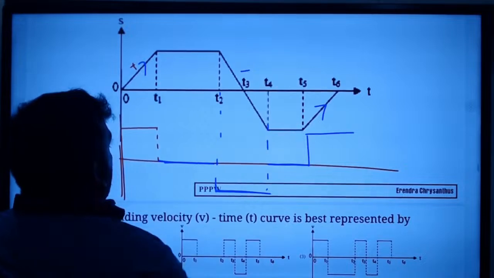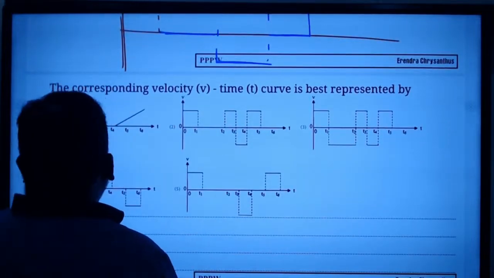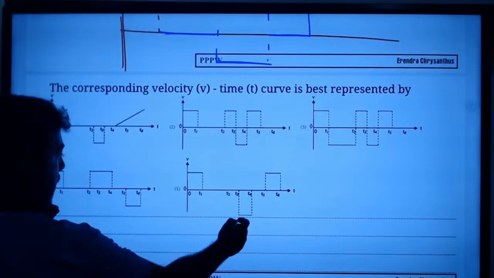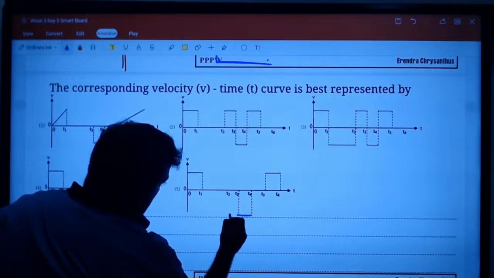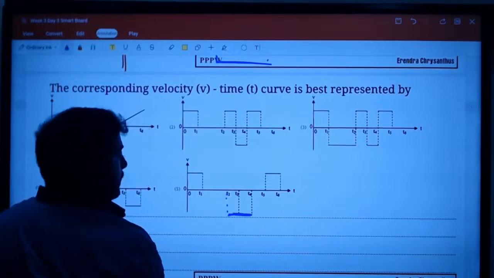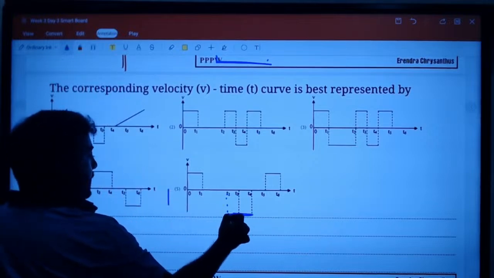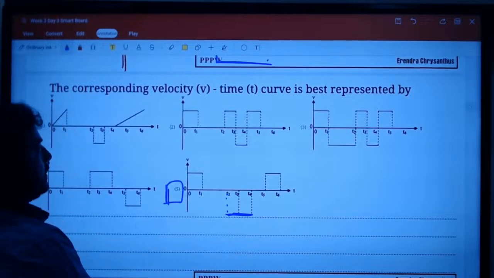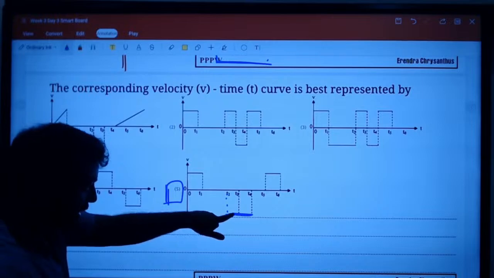T2 to T4, negative. I think there is a mistake in the print. T2 to T4 negative, this should be here. So, if you correct that, you get the answer here. But as for this, there is no answer, but this should be, I think, connected up to here.